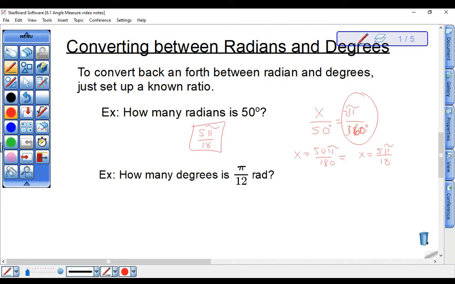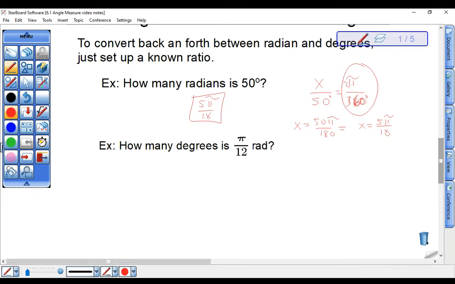Okay, let's convert pi over 12 radians to degrees. How many degrees is pi over 12 radians? Well, if I have x degrees, that's what I'm looking for, x degrees over pi over 12 radians would have to be the ratio that I know, 180 degrees to pi radians.